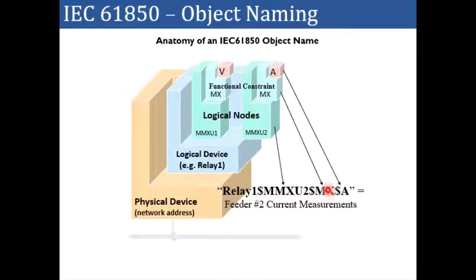Then you have the functional constraint, and after a dollar sign you will have the value of current A. If you call this object in the software code, you will get the feeder 2 current measurement. This is the standard way of object naming defined in IEC 61850. All the objects you see in a 61850 implementation will follow the standard naming convention.